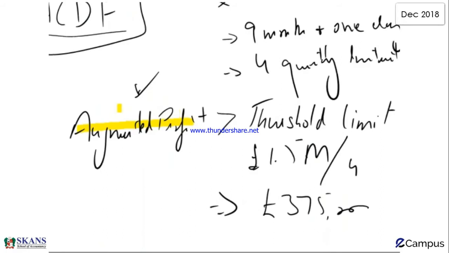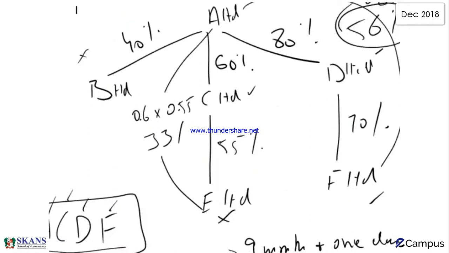So augmented profit is equal to taxable total profit plus non-group dividends. Keep in mind, non-group dividends. So in this case, if you want to know what are augmented profits of A Limited, you should be adding taxable total profits of A Limited plus the dividends which A Limited had received from B Limited only, because you only have to pick non-group dividends, and that would be only from B Limited.